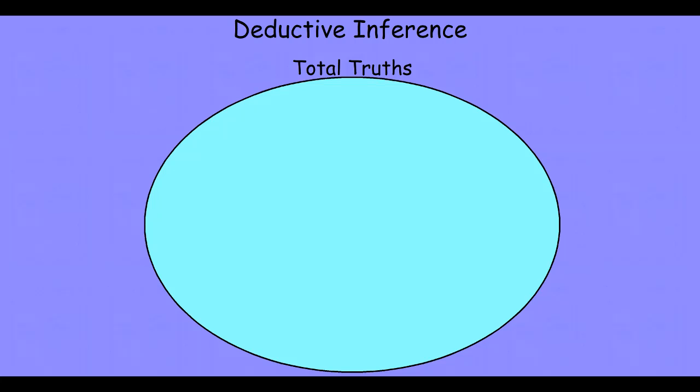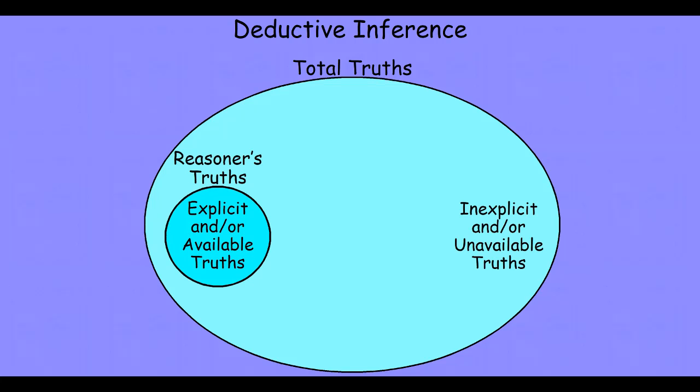So if we think about deductive inference, let's imagine the set of all things that have to be true given what a particular reasoner knows. This circle here, the total truths. Within that set of total truths, there are truths that are explicit and available to the reasoner at any given moment. Those are things that the reasoner knows to be true, as it were.